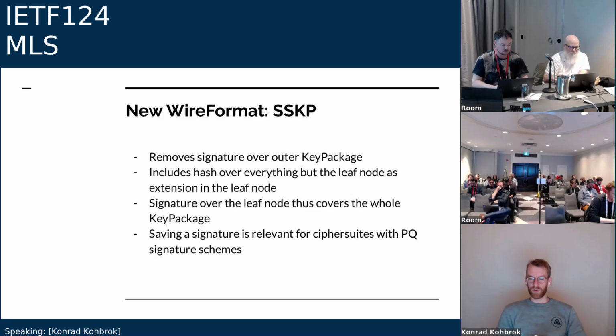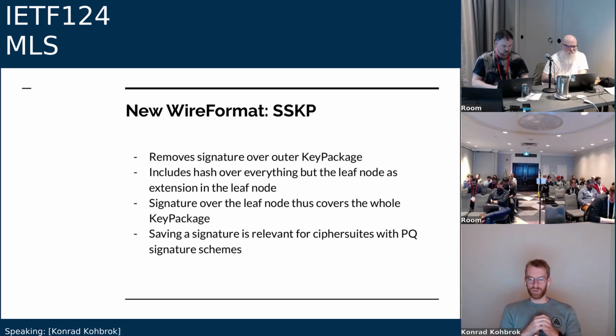As a small reminder, a key package is essentially a wrapper around the leaf node that ends up in the MLS tree. The wrapper consists of a few bits of data, and then the leaf node inside. Right now we have a signature over the whole wrapper on the outside, and the leaf node itself is also signed because this is what ends up in the MLS group.